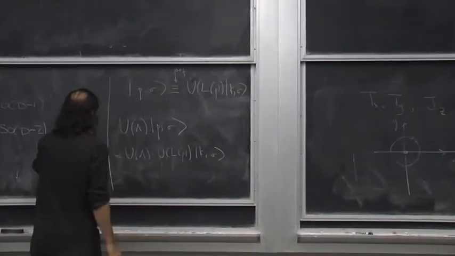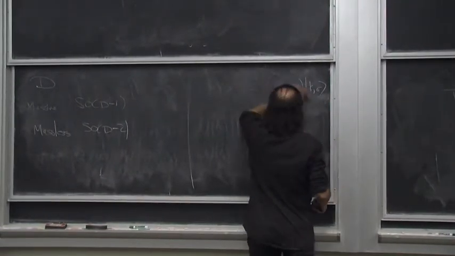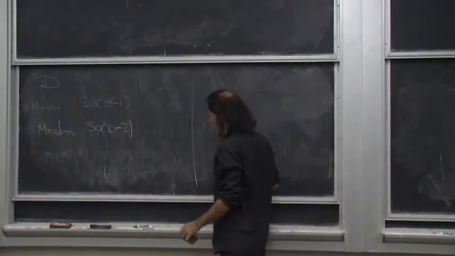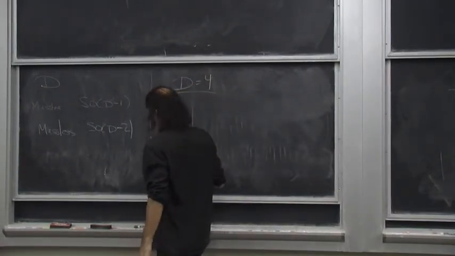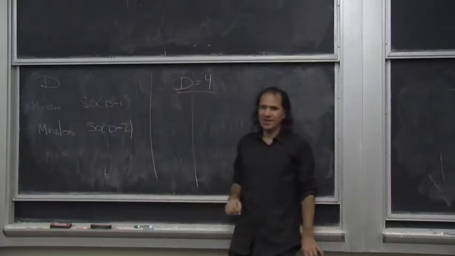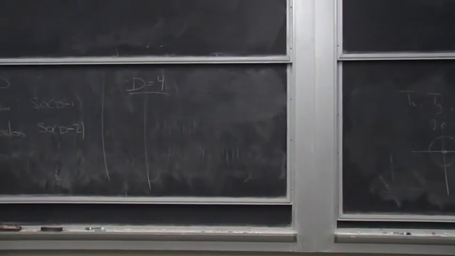Okay? And so, from two points of view then, life in 4 dimensions is awesome, because life in 4 dimensions is the case where both of these groups are as simple as possible without being too stupid and boring.